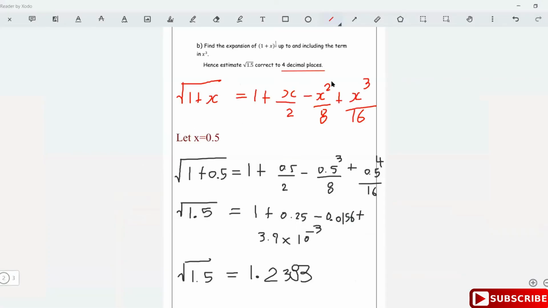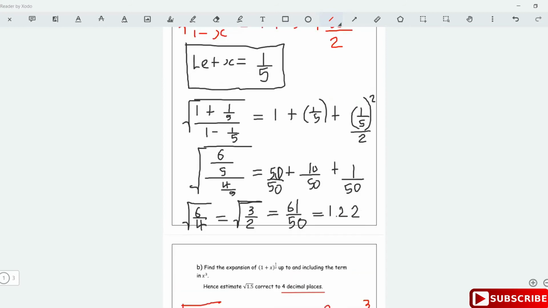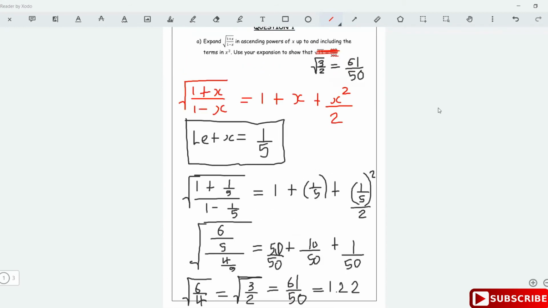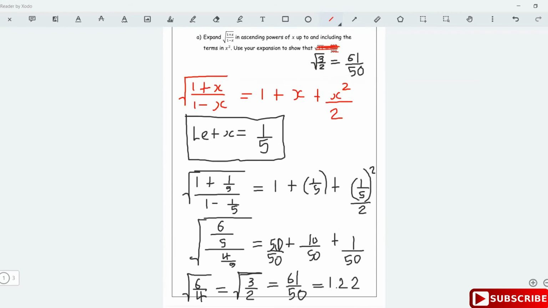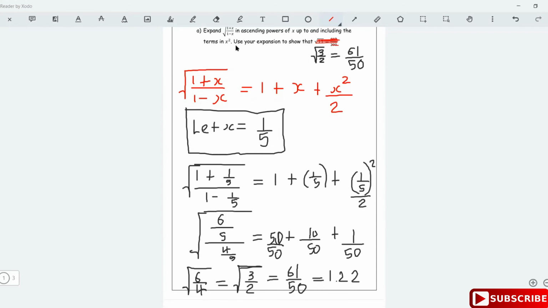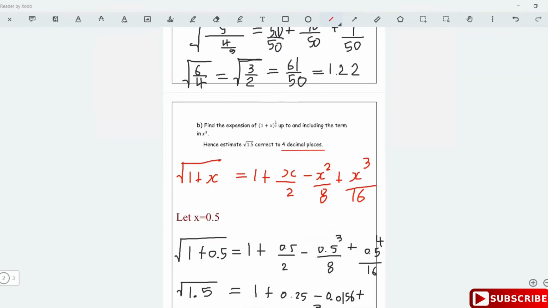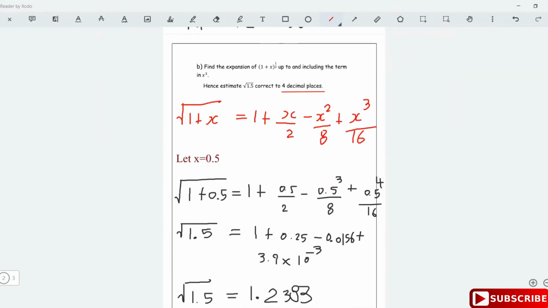Now, one thing I want you to realize is that notice that this one gives us 1.23. That's the square root of 1.5. This question up here also asks us for the square root of 1.5, because the square root of 3 over 2 is 1.5. And notice that this one was more accurate, and it only went up to x squared. But why was it so accurate? Because it combined 2 expansions. And this one right here was a little less accurate, all right, but reasonable enough to work with.